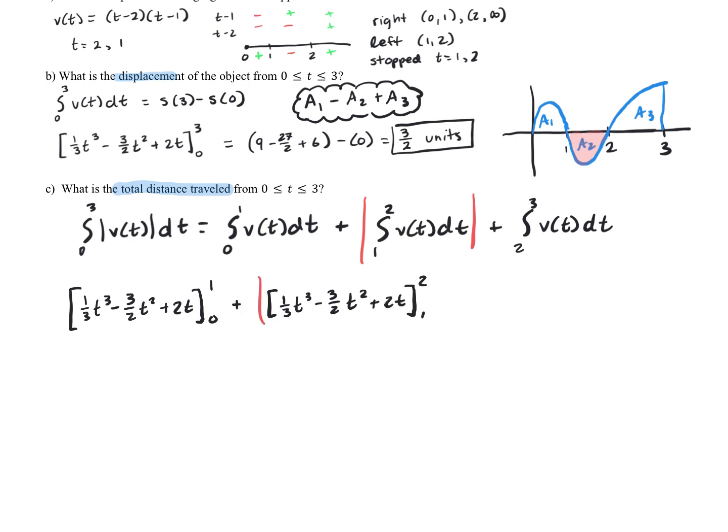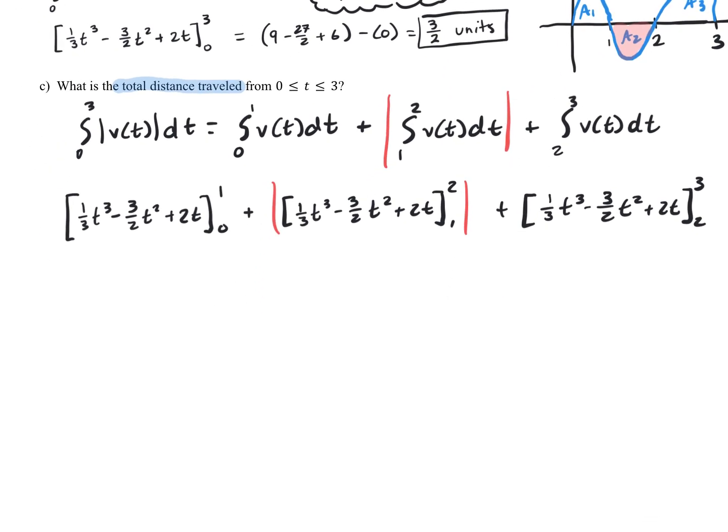So remember to put the absolute values around that. And then we're going to evaluate it from 2 to 3. So same antiderivative, and again, evaluated from 2 to 3.